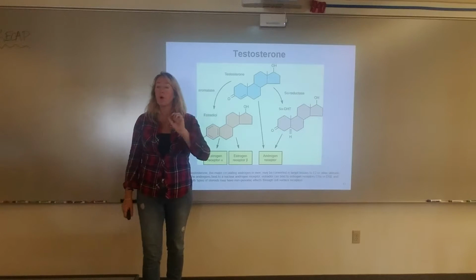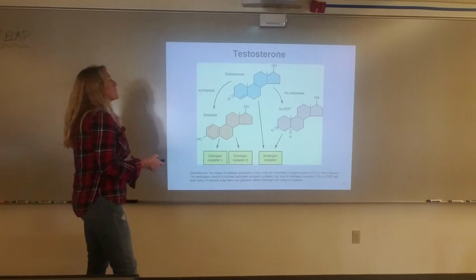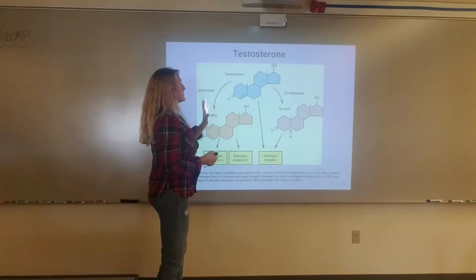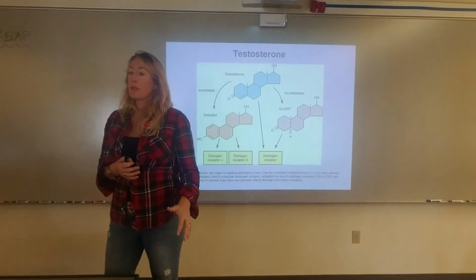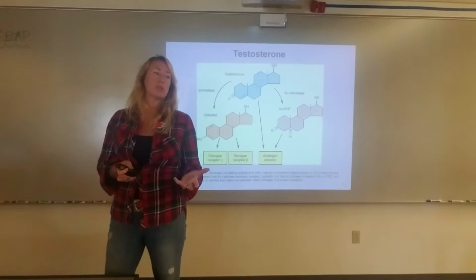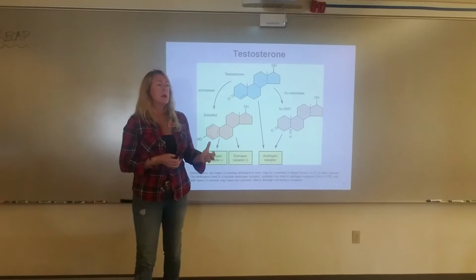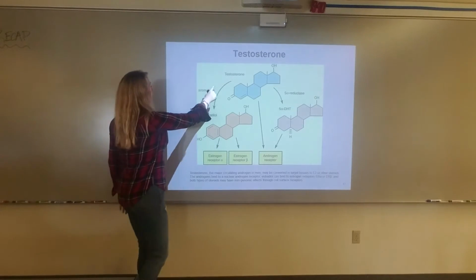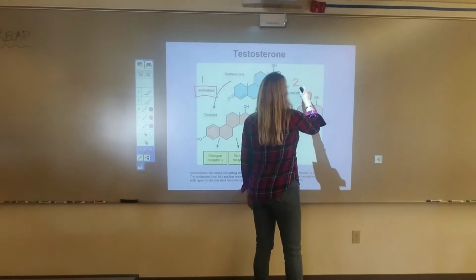They can be converted to each other. In the testes in the male, a lot of times some of those cells are converting testosterone into estrogen. So the male body sees estrogen, not at as high a level as in a female body, but they're converting it. There are enzymes: one is called aromatase, and another one is called 5-alpha reductase.